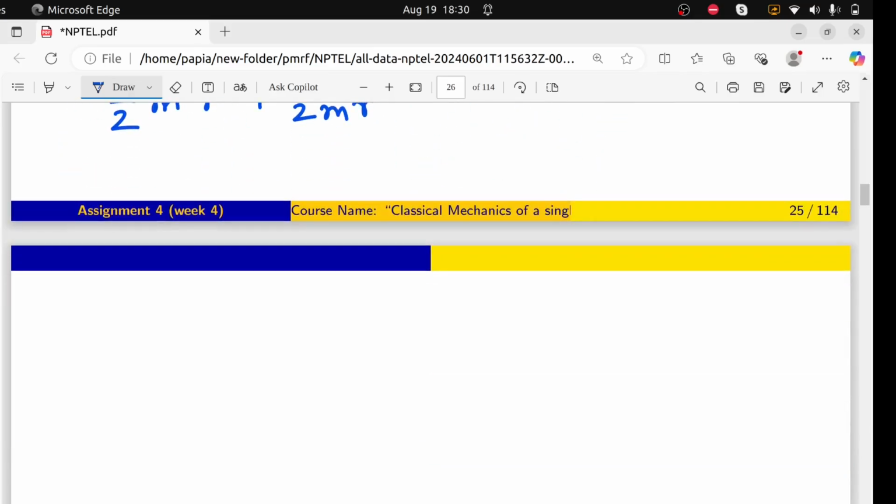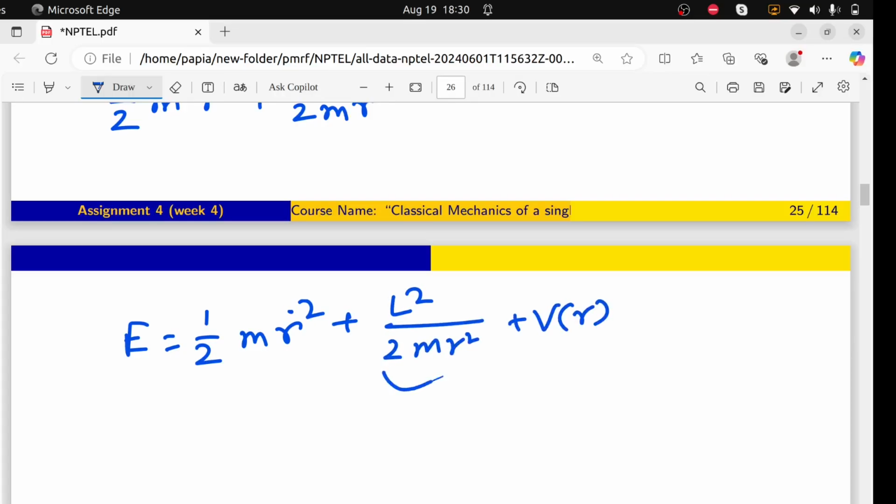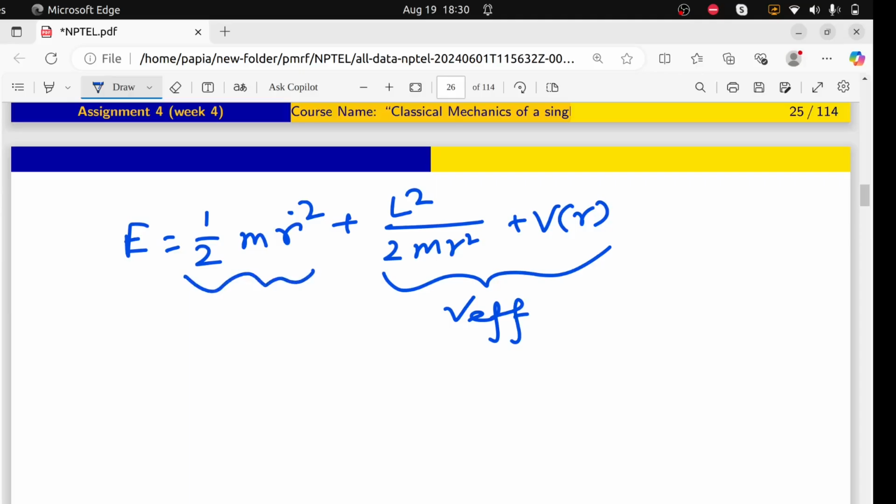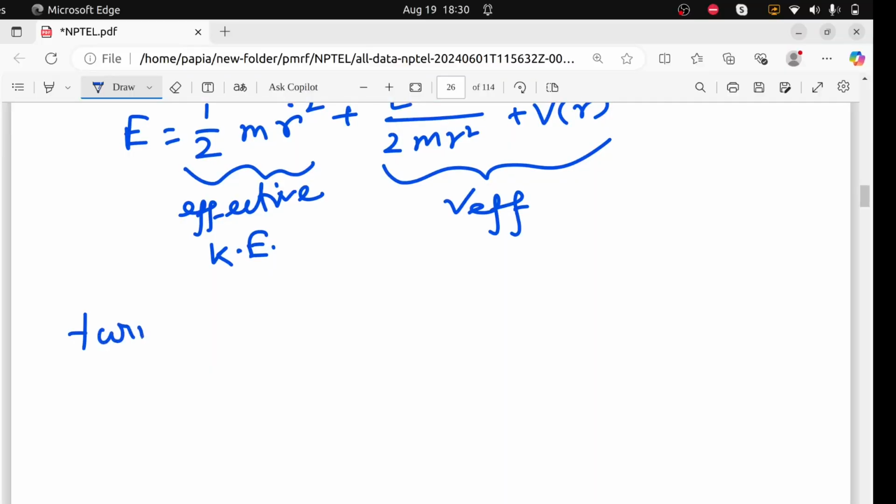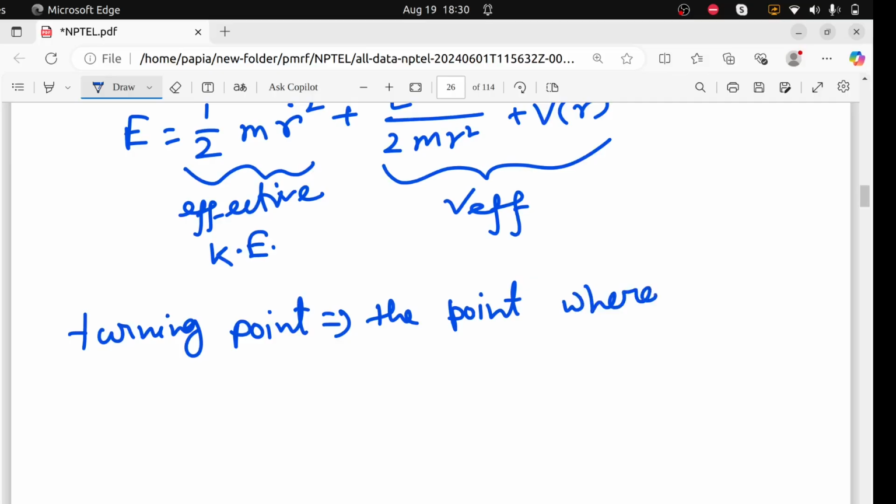So now you can see here our total energy is coming as this, and this whole is telling us effective potential energy, and this is effective kinetic energy. Okay, so this is effective potential energy, this is effective kinetic energy. Now what is turning point? Turning point means the point where V effective is equal to E.